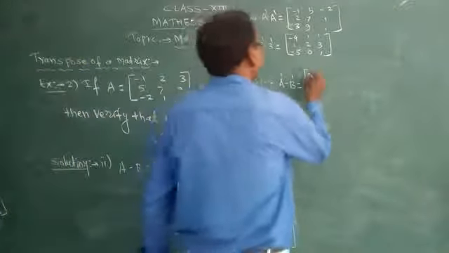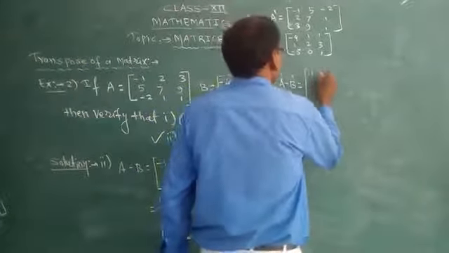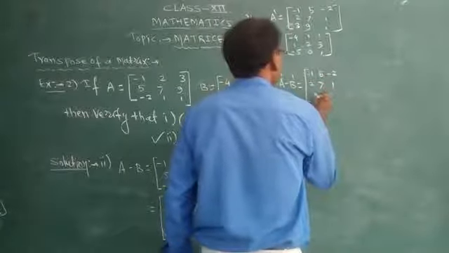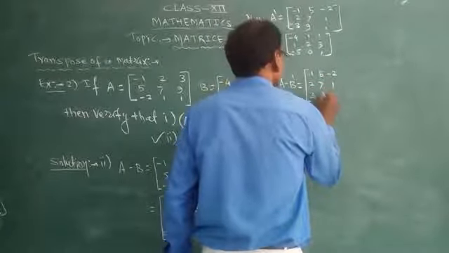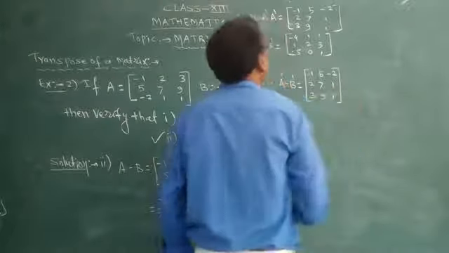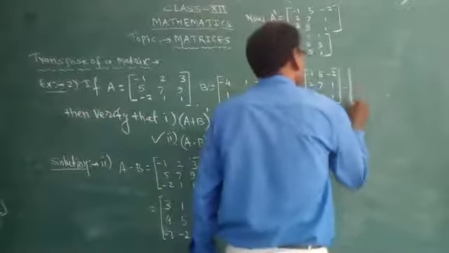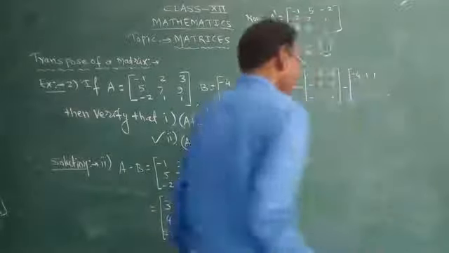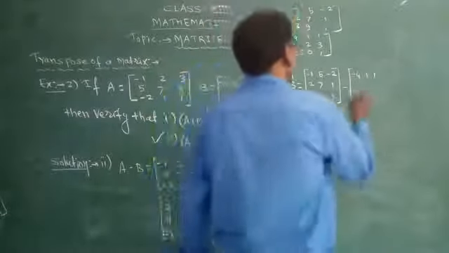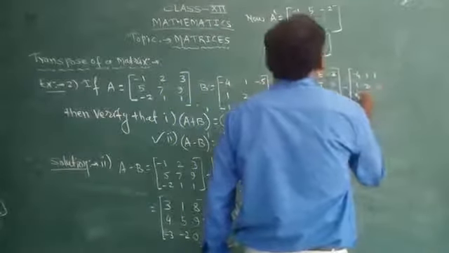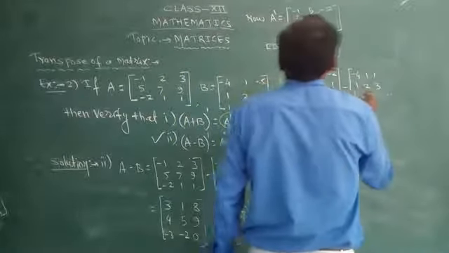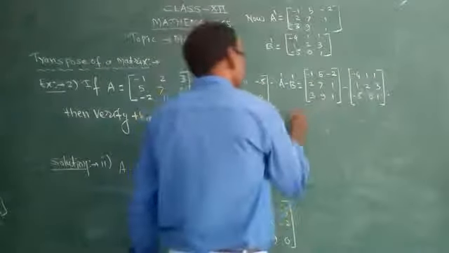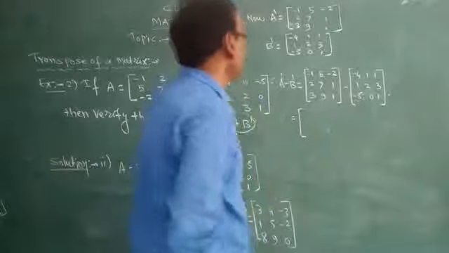So this is minus 1, 5, minus 2, 2, 7, 1, 3, 9, 1. Then minus 4, 1, 1, 1, 2, 3, then minus 5, 0, 1.